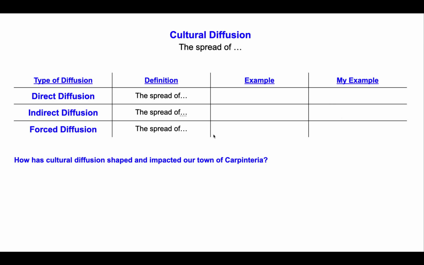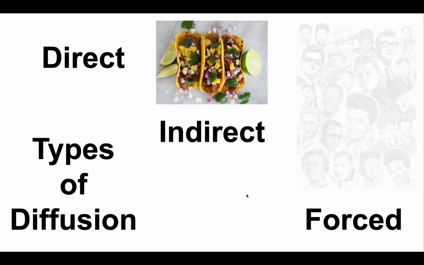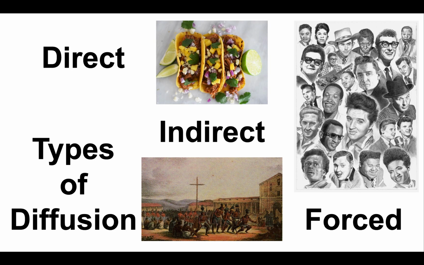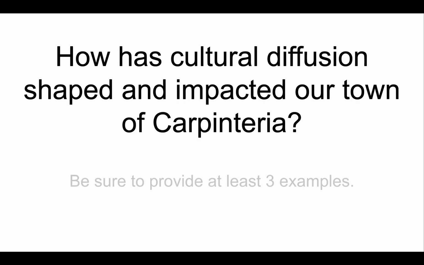Once you've completed these, I want you to turn to this last question and consider how these forms of diffusion have shaped our town of Carpinteria. Now, if you mention one of each type, that would be great. However, you don't have to.